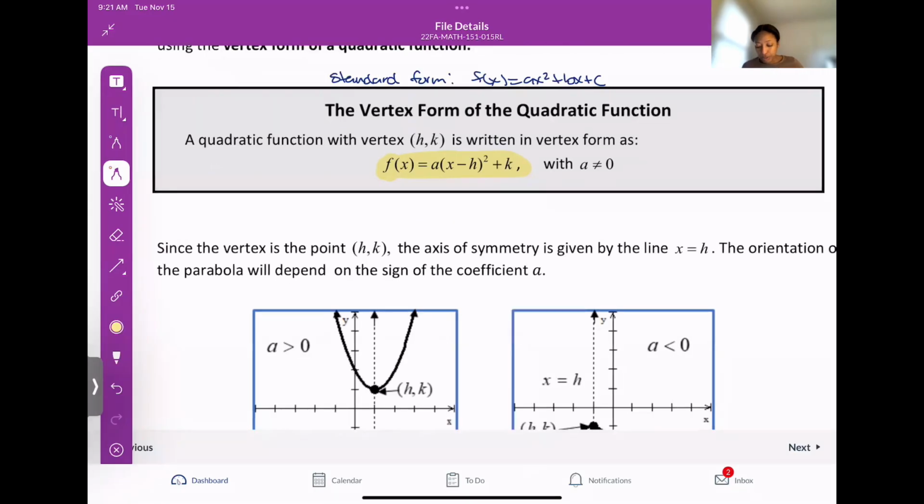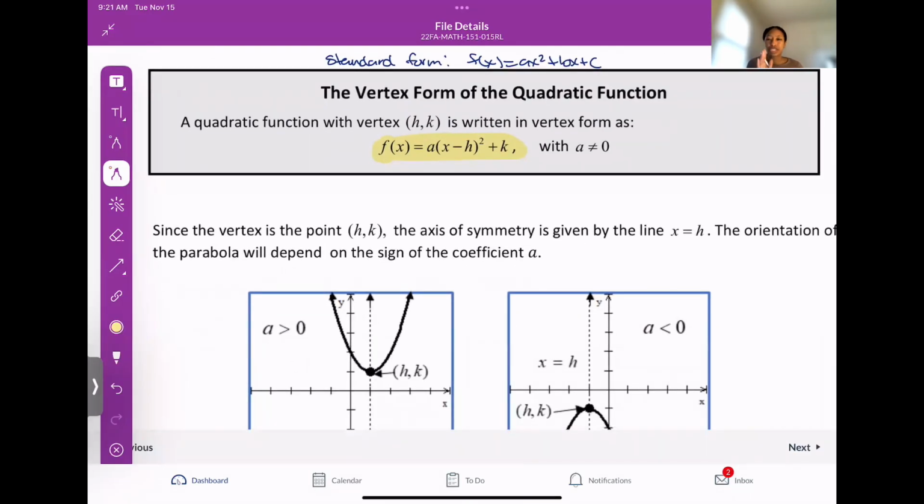All right. So if we're given something in vertex form, it should be easy for us to identify the vertex. We can also identify a, determine whether or not the parabola opens upward or downward, and find the axis of symmetry. Once you know the vertex, the x coordinate gives you the axis of symmetry.